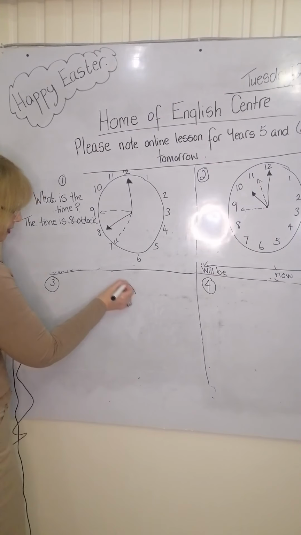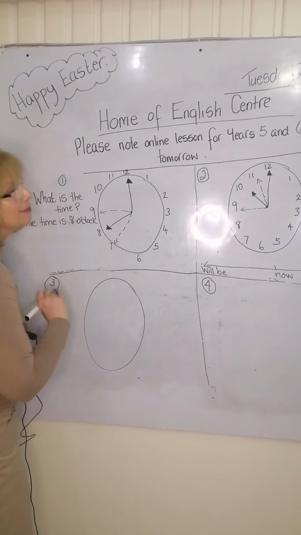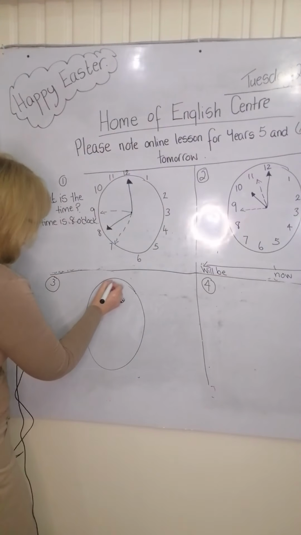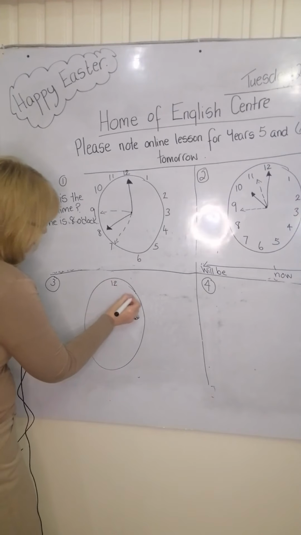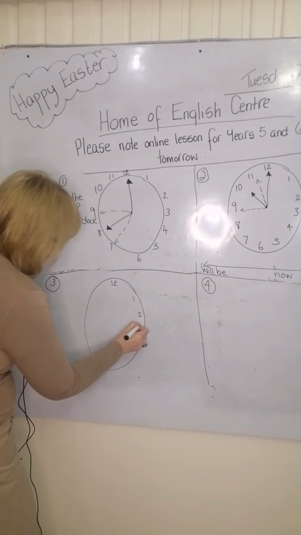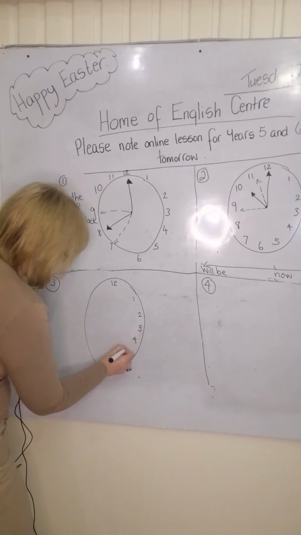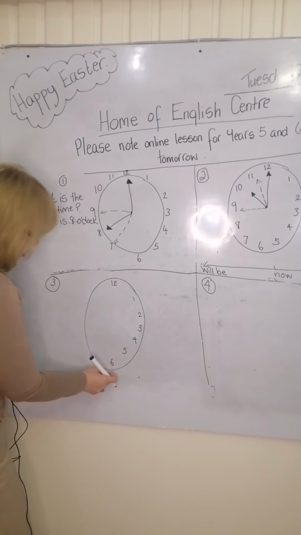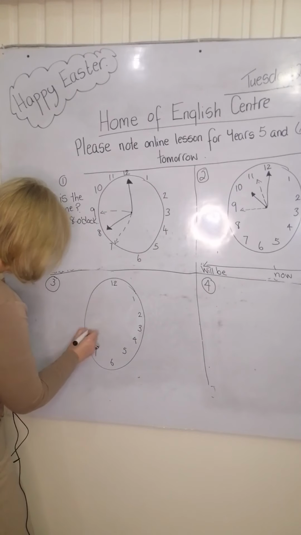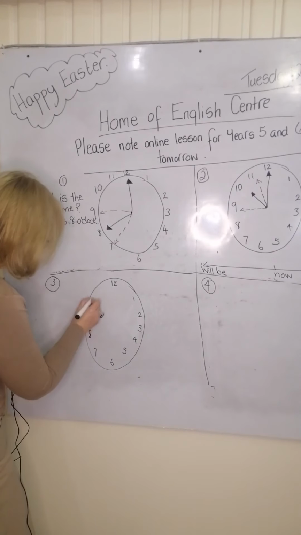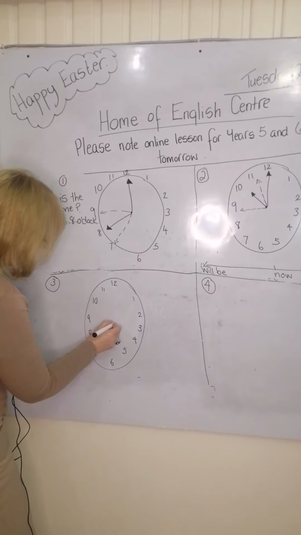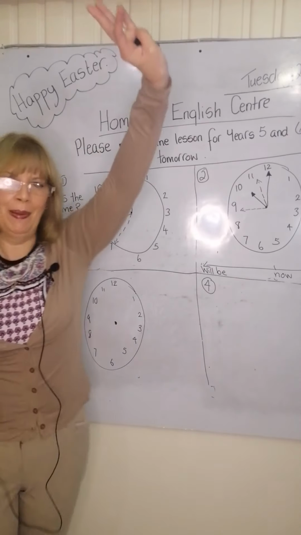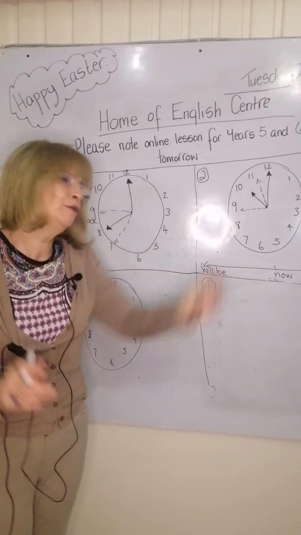Okay, here is our clock. Okay, so here are our numbers. Six at the bottom, 12 at the top. Our dot where our hands meet. So remember our hands that move.